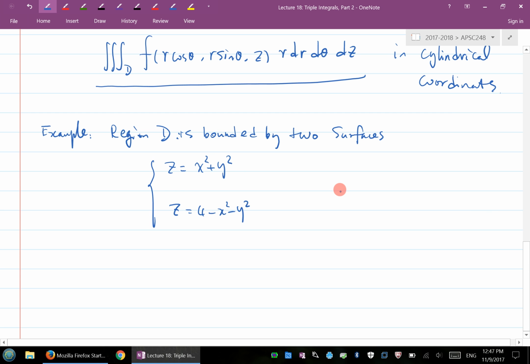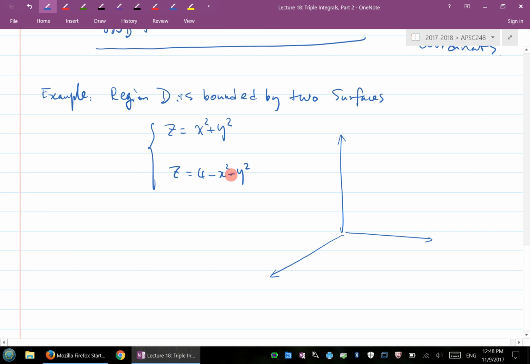So in this case, the first step is always to try to sketch this region D using the given surfaces. For z equal to x squared plus y squared, that is a paraboloid pointing up. And then for z equal to 4 minus x squared minus y squared, this is a paraboloid pointing down.